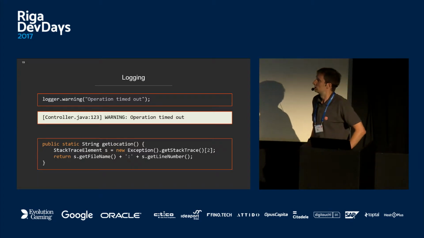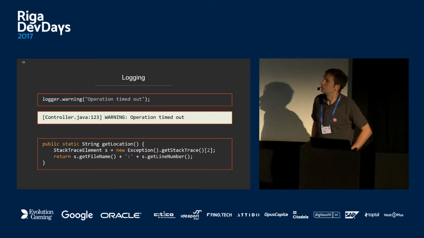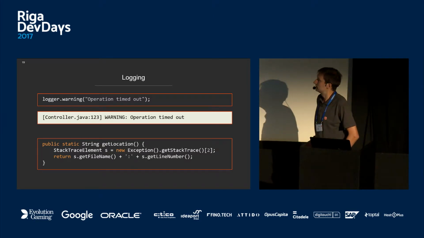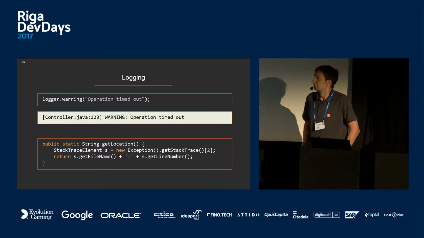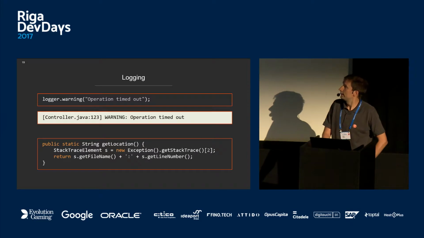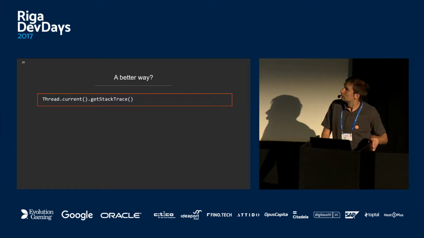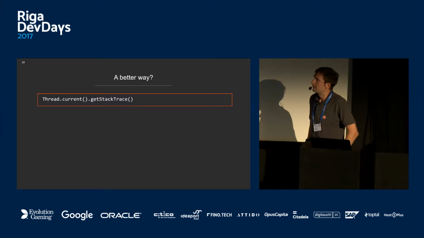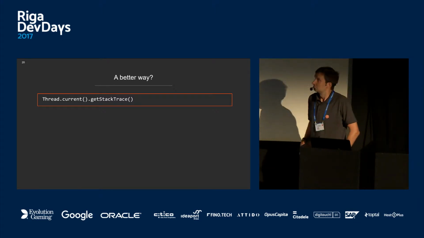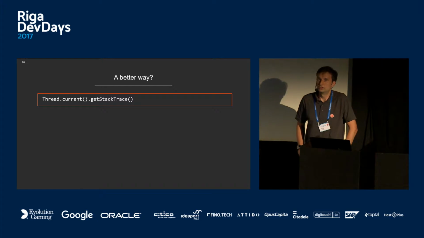So this is the typical solution for how logging frameworks get the location information. But as we know, the get stack trace call can be really expensive. Is there a better way? One may think that Thread's get stack trace can be faster because it doesn't need to create an exception.